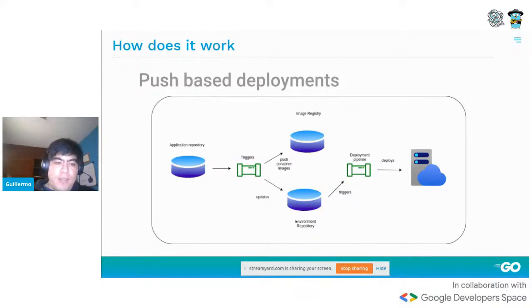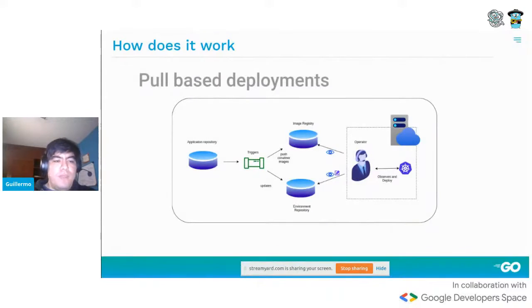All right, so next one. The second one is pull-based deployment. In this approach, we have the same concept as push-based deployment. It only differs in how the deployment pipeline works. Here, the operator is introduced. What the operator does is compare the desired state of the environment repository with the actual state of the deployed infrastructure.